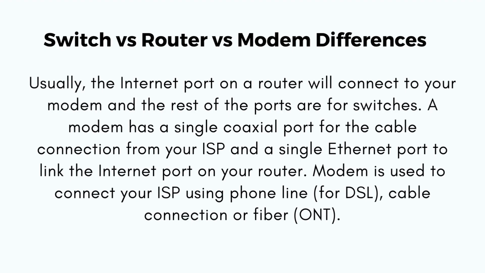Usually, the internet port on a router will connect to your modem, and the rest of the ports are for switches. A modem has a single coaxial port for the cable connection from your ISP and a single Ethernet port to link to the internet port on your router.